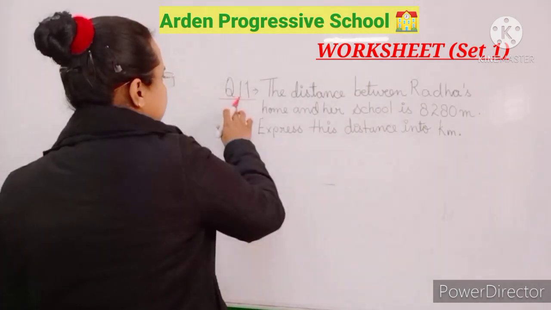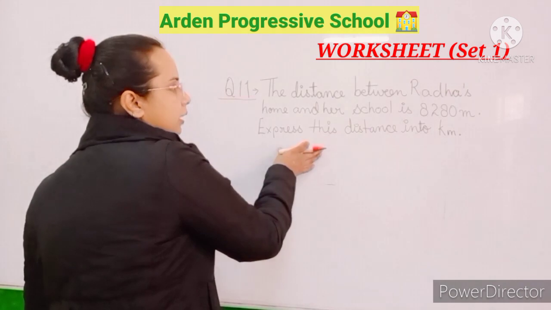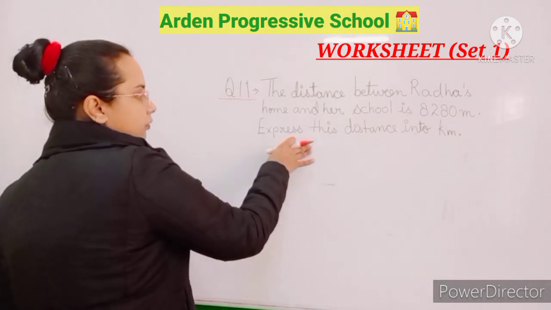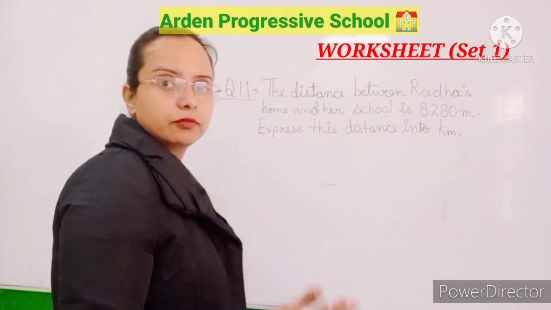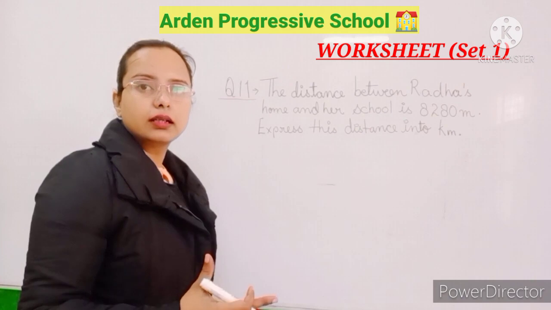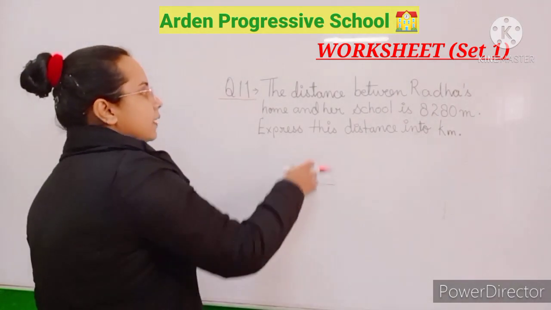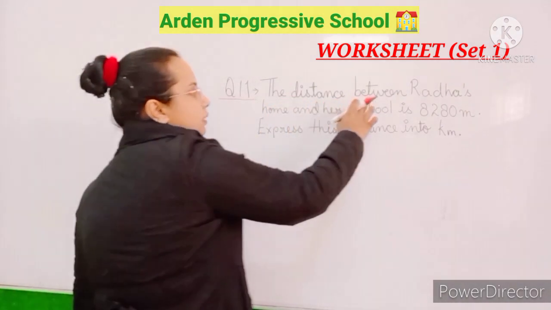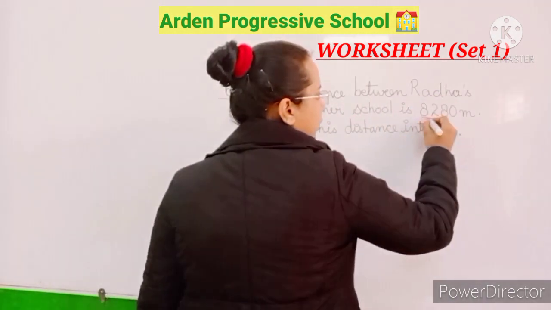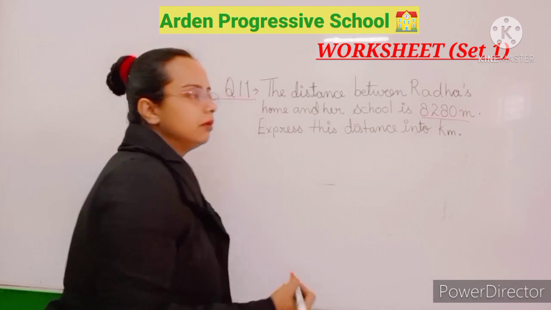Next, this is question number 11 and this is a numerical. A question in which you have to give the answer in mathematical form is known as a numerical type of question. The question is: the distance between Radha's home and her school is 8,280 meters.